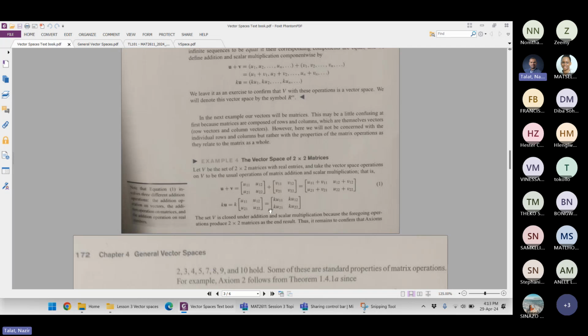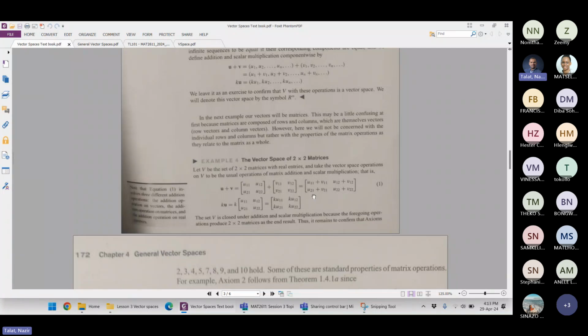So one can easily check that this collection of all 2 cross 2 matrices is a vector space. It satisfies all axioms from 1 to 10. Furthermore, if you take all n cross n matrices or n cross m matrices, like 2 cross 3 matrices, the collection of all 2 cross 3 matrices is also a vector space.